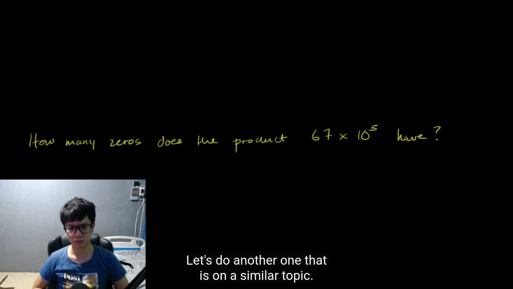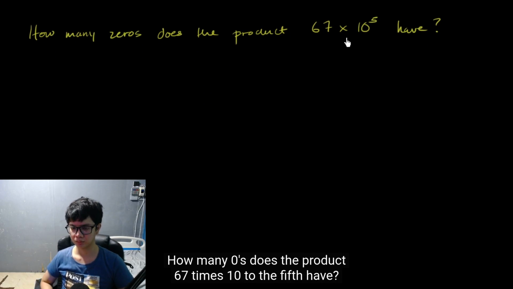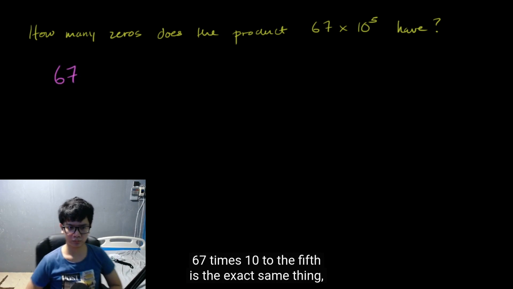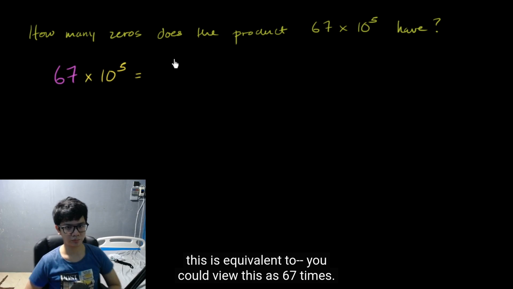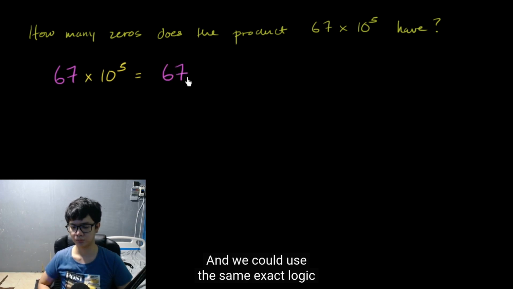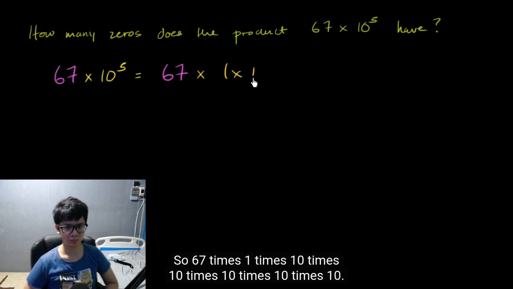Let's do another one that goes on a similar topic. How many zeros does the product 67 times 10 to the 5th have? Well, there's a bunch of ways of thinking about that. 67 times 10 to the 5th is equivalent to, using the exact same logic that we just saw in the previous problem, 67 times 1 times 10 times 10 times 10 times 10 times 10.